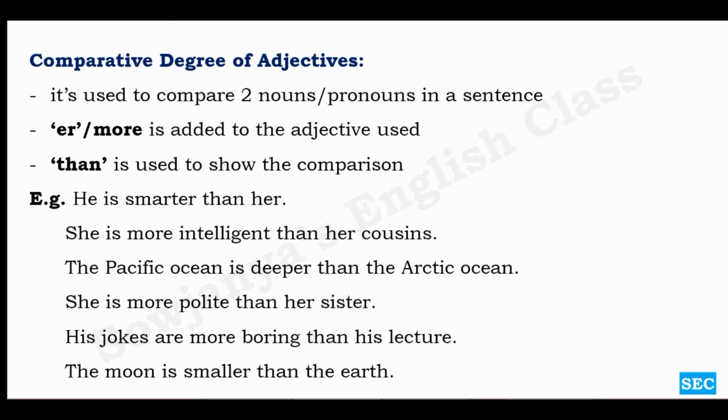So if you observe all these sentences, we are making a comparison between two nouns or pronouns in a sentence. ER or more is used to show the comparison, and than is used over here. He is smarter than her. His smartness is being compared to her smartness. She is more intelligent than her cousins.